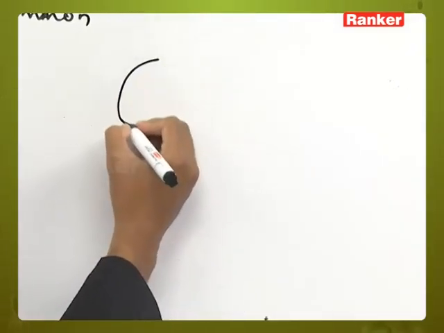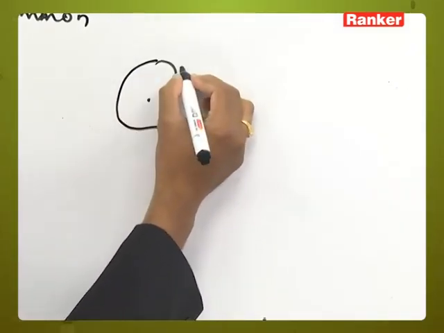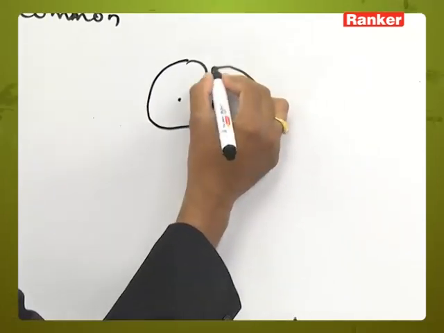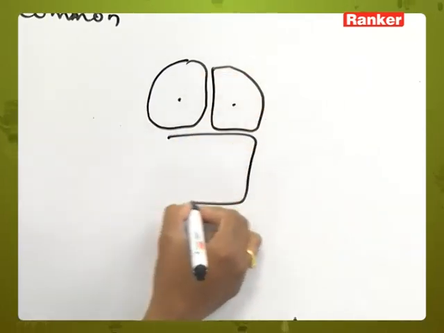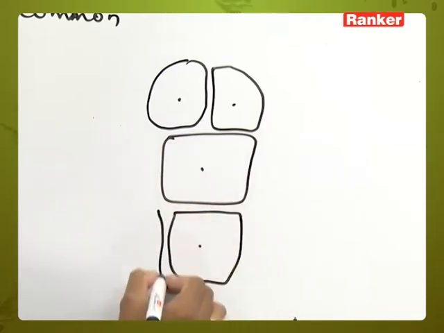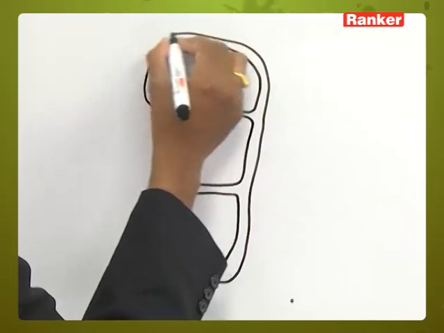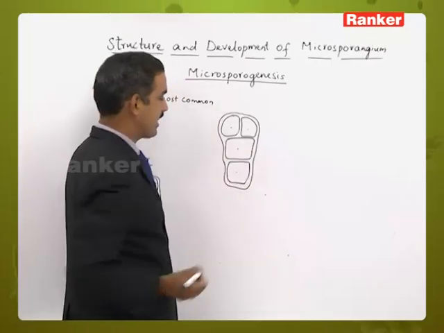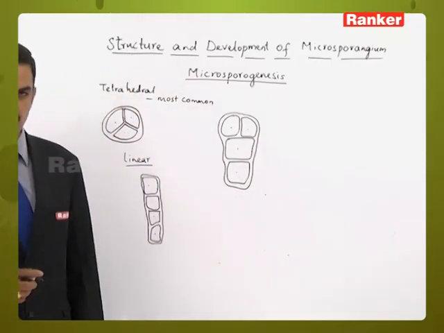The T shape arrangement will be like this. So like this, the cells are in the form of a T shape. So like this, they are arranged in 5 different forms.